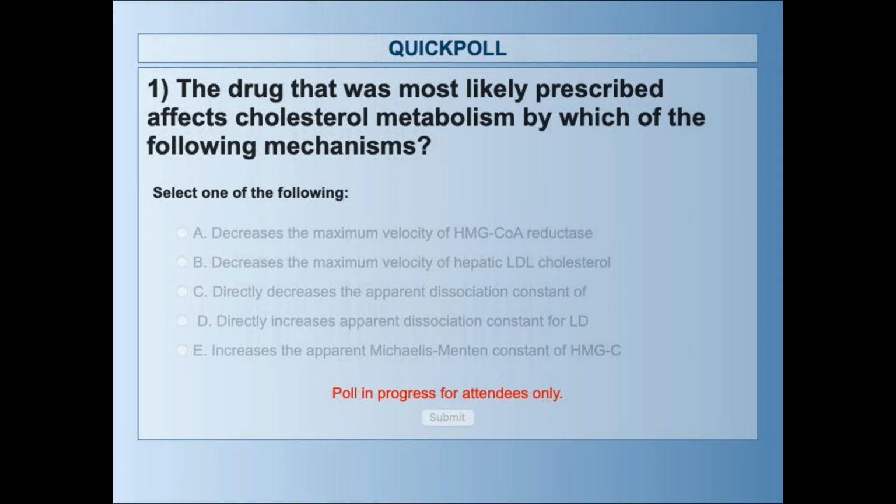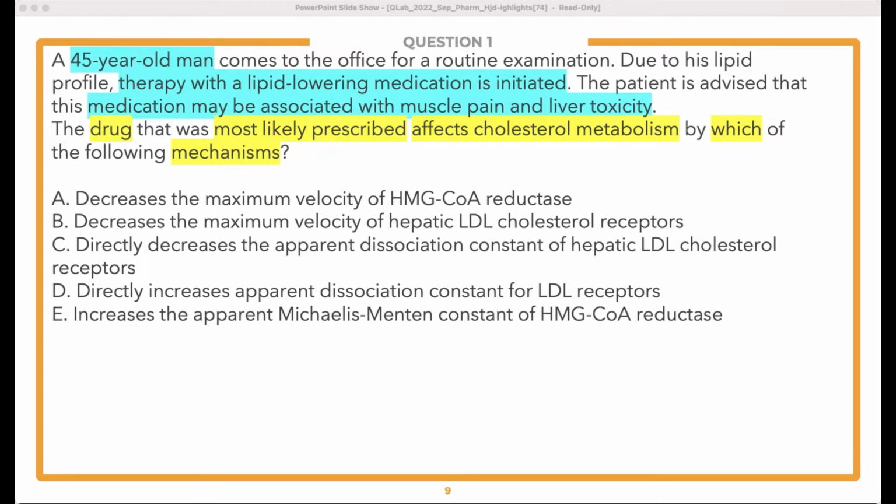Okay, give you a few more seconds before we close that poll. Well, we've hit that 70% mark, so I'm going to go ahead and close that poll, and we'll share the results.